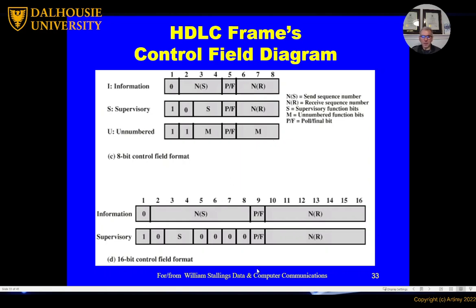If I double the size and go from an 8-bit control field to 16-bit, then I have now 7 bits for the frame and 7 bits for the acknowledgement. 7 means that I have 2 to the power of 7 minus 1, so I have up to 127. The size of the window is huge this time, right? So I have a lot of frames to send.